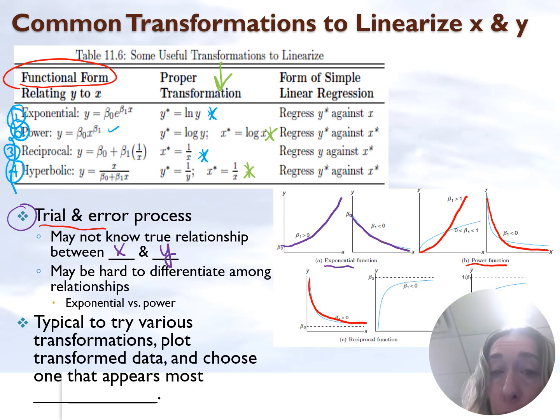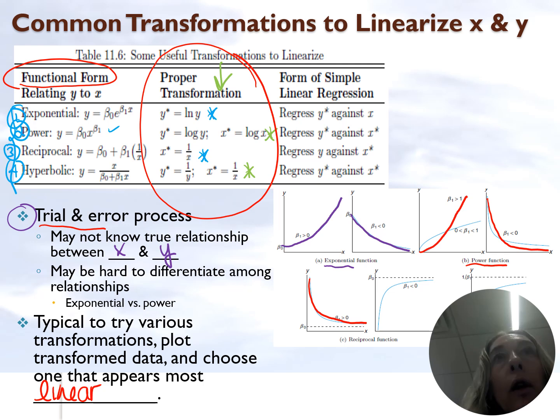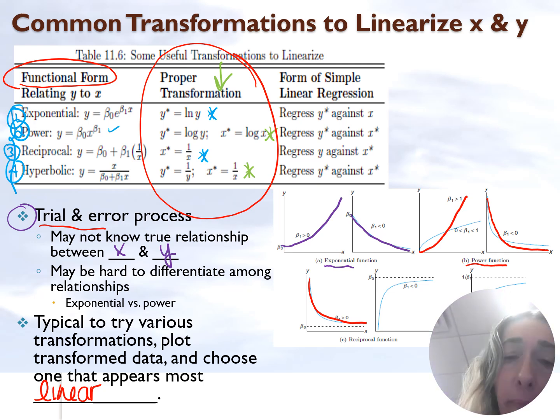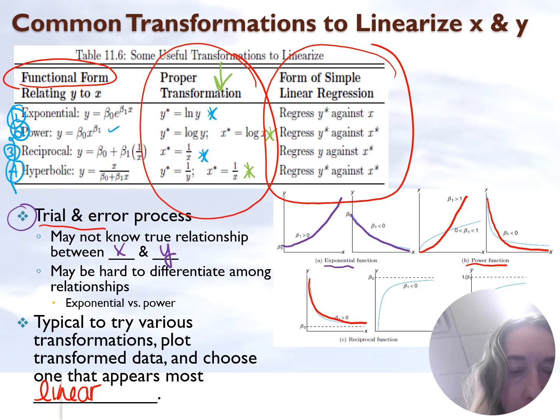It's typical to try various transformations, such as these, of your X and Y data, go ahead and plot the transformed data, and then choose the transformation that appears to create the most linear relationship between your transformed variables. And then run your regression based on your transformed variables.